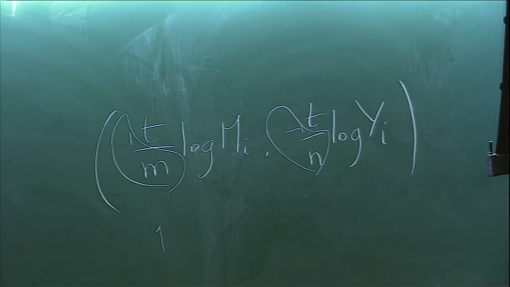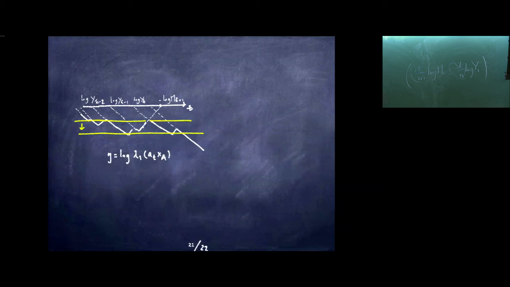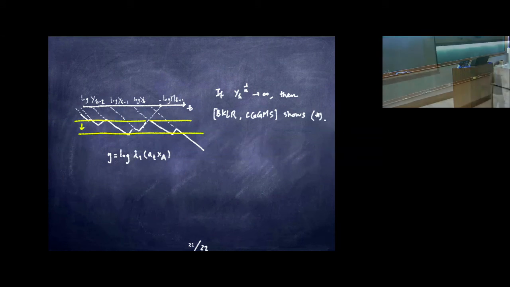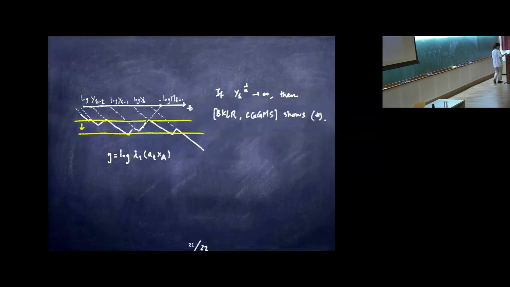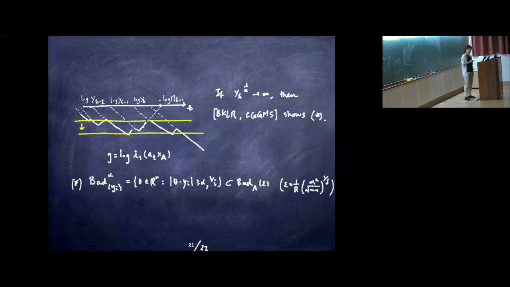Okay, so I already said that the intersection with the x-axis is this max being 1. And we know these t's. So now if yk to the power 1 over k goes to infinity, then we showed, and also Anish and co-authors showed, star. So what is star? We could put some subset of epsilon best approximable, which is the homogeneous Diophantine approximation set.